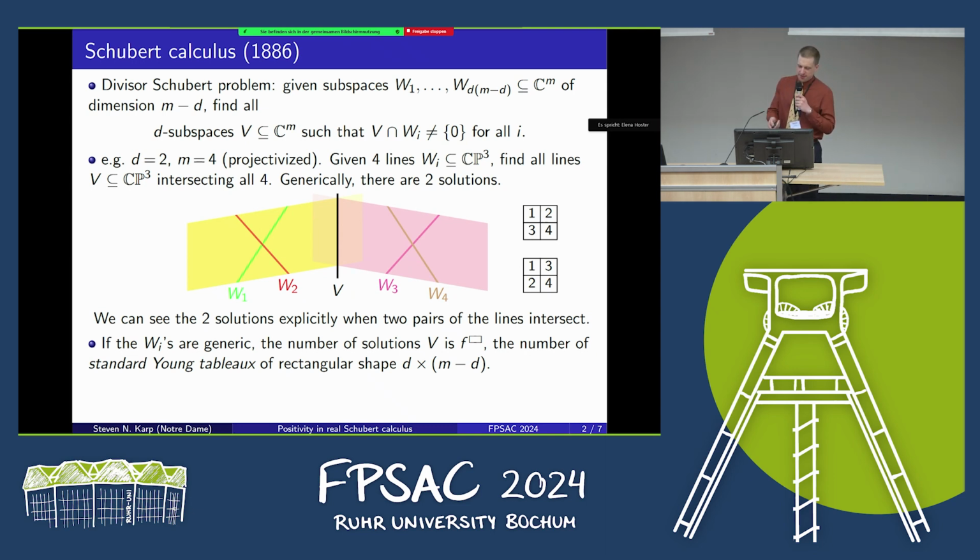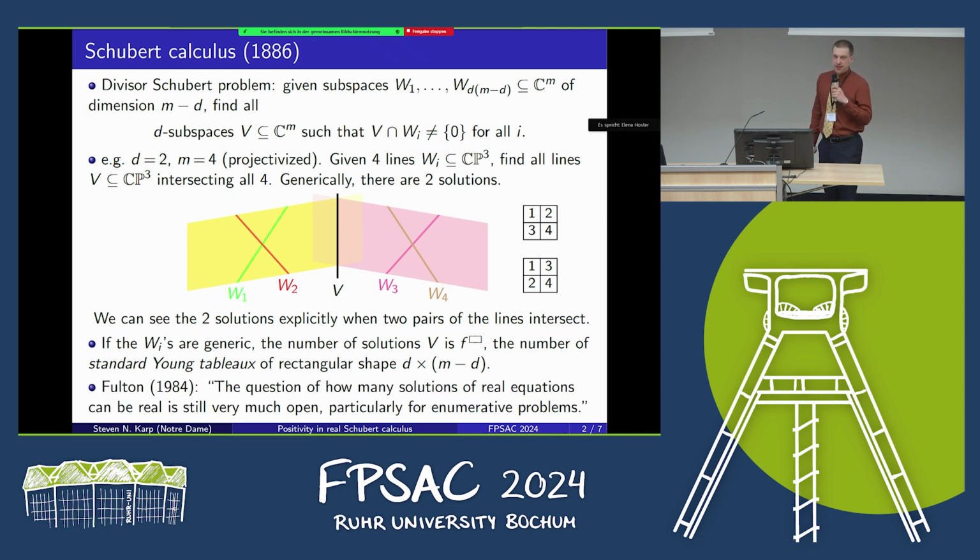Okay, and just a technical comment. I'm calling this a divisor Schubert problem. That's because each of these conditions is saying v lies in a Schubert divisor defined by w_i. And that's just to say I'm not considering more general conditions than these. In other words, I only have codimension 1 Schubert conditions here.